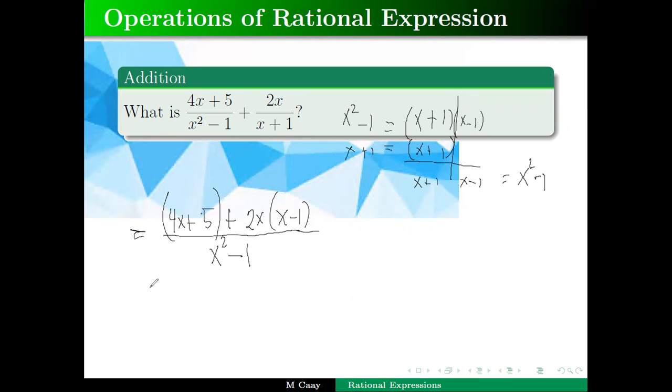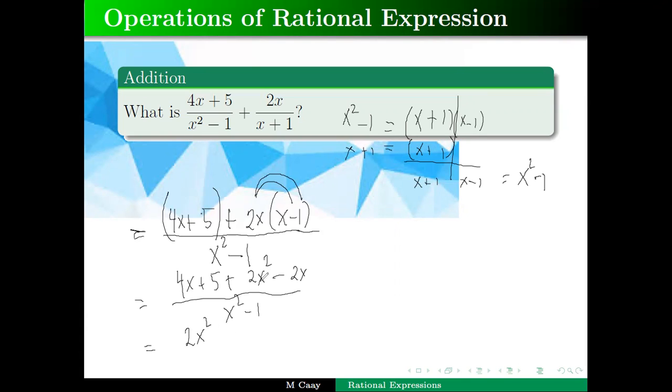Okay? And so I have x squared minus 1 here. I have 4x plus 5. And I have to simplify this via the distributive method. So I have 2x squared minus 2x. So this will now be my answer. I have 2x squared here.